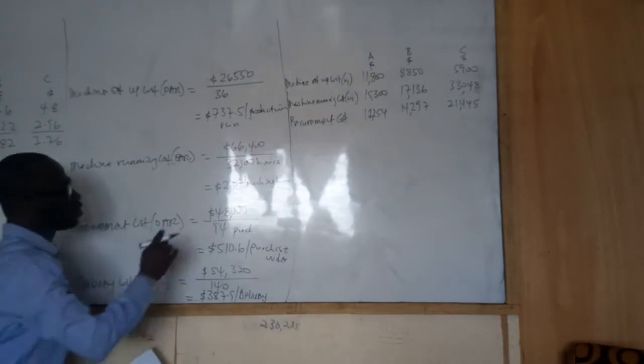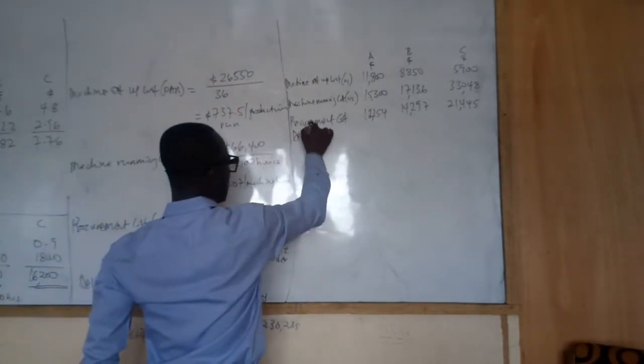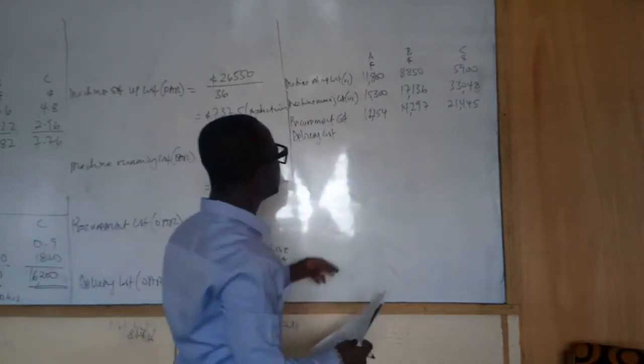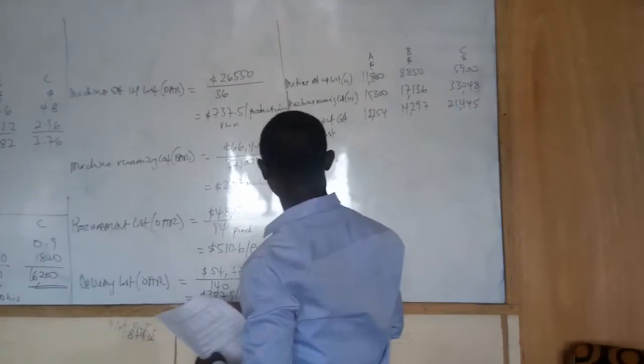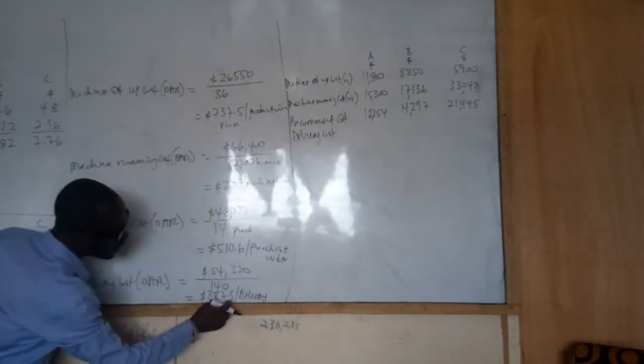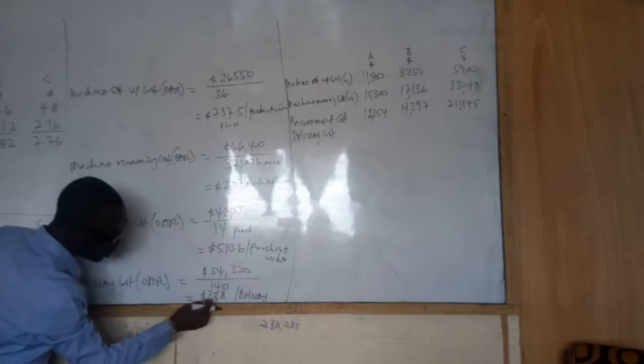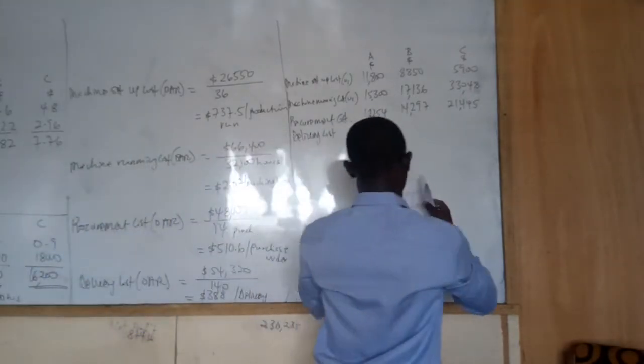But we know that the last one is delivery cost. For delivery cost, we use number of deliveries. How many deliveries did A make? 48. Now we can round this up to make it 388. So just do 388 times 48.